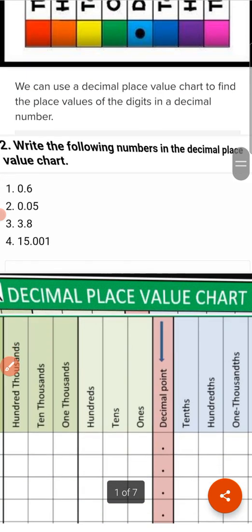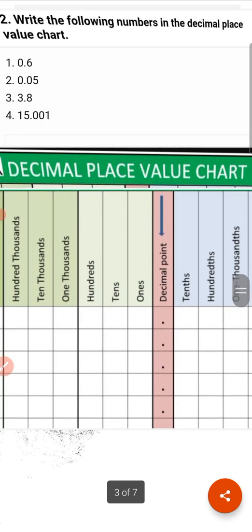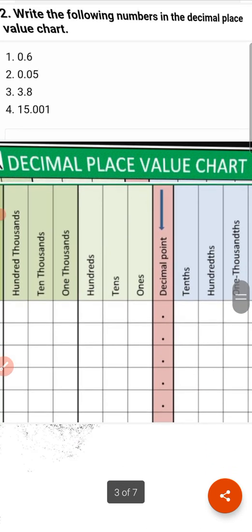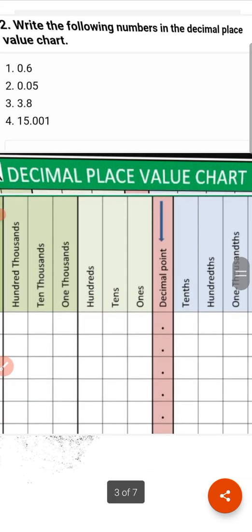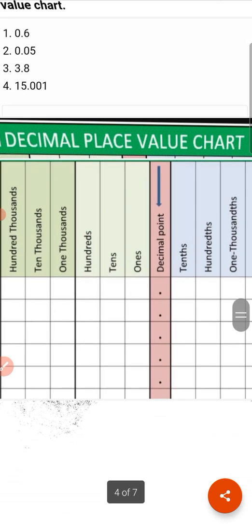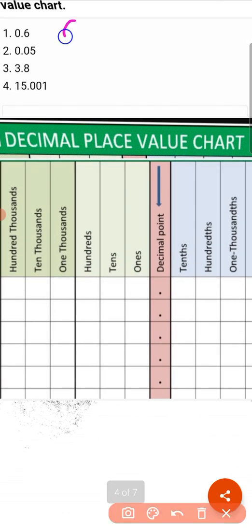Children, we will write the given numbers in the place value chart. Okay, let us place this in the decimal place value chart. First start from the whole number part. The number is 0.6. Which is the whole number part, children? The digit in the whole number part is 0.